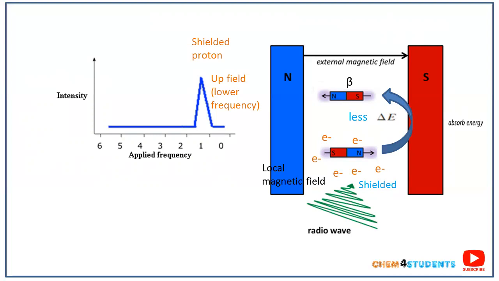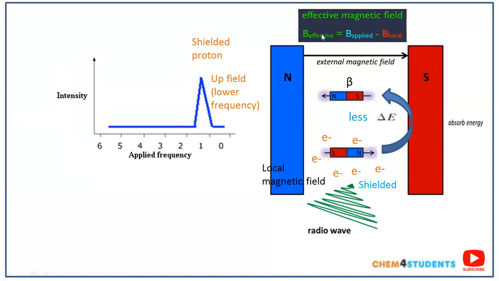Due to the presence of two magnetic fields, we need to calculate the effective magnetic field, which equals the applied magnetic field minus the local magnetic field. In this case, the local magnetic field increases, so the effective magnetic field decreases. Due to the lower effective magnetic field, less energy is required to get the nucleus into the beta state.